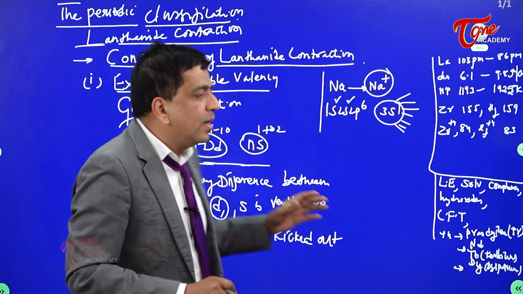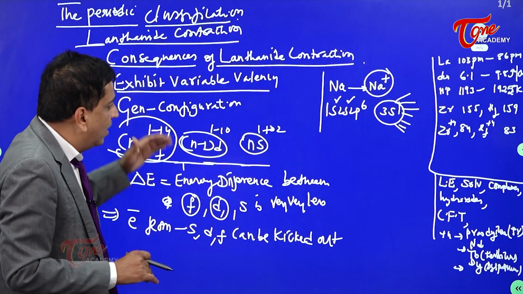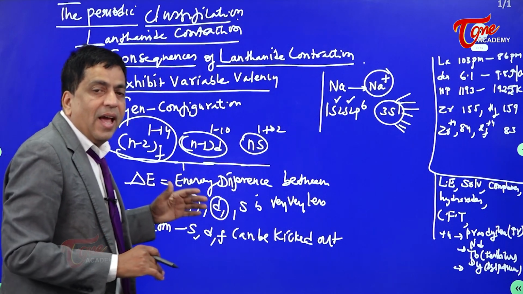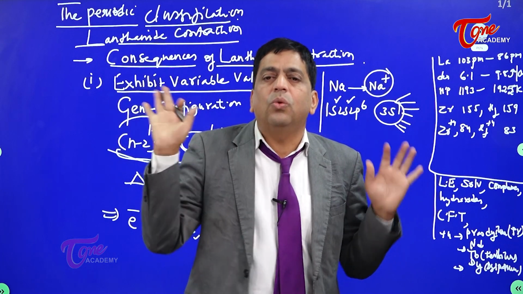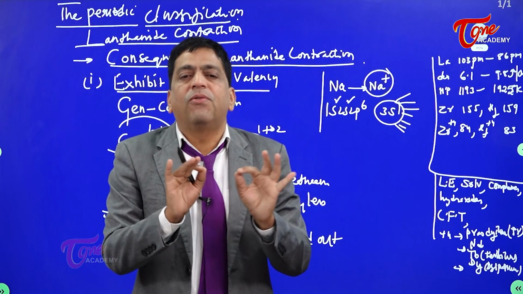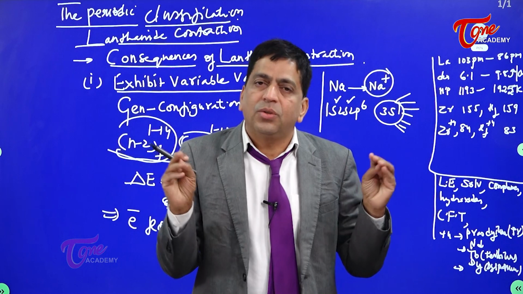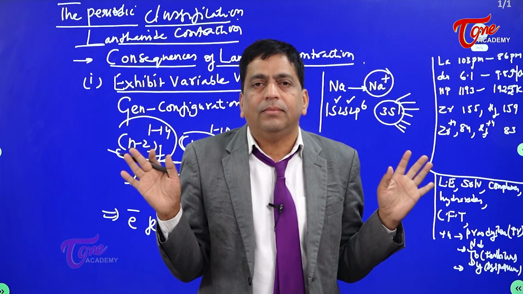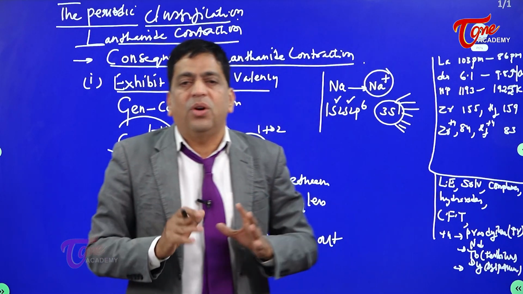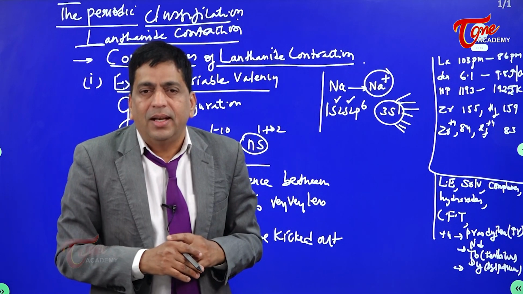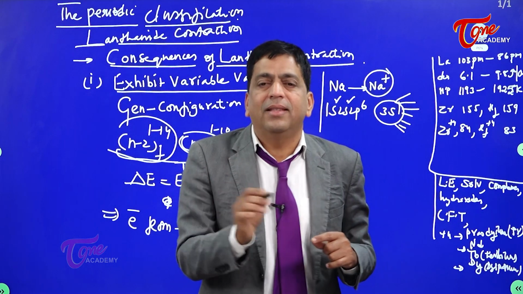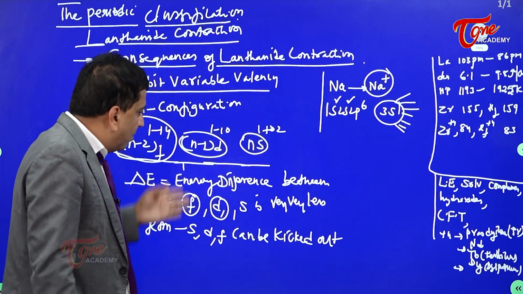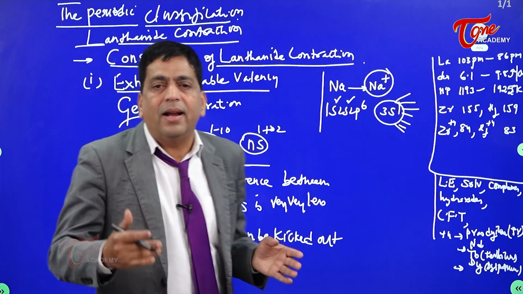Now remember that this comes under variable valency, and it's an advanced level question which says, which of the following is true? That is the question. If you want to answer which of the following is true, you need to read every line that is given under the variable valency, under lanthanide contraction.